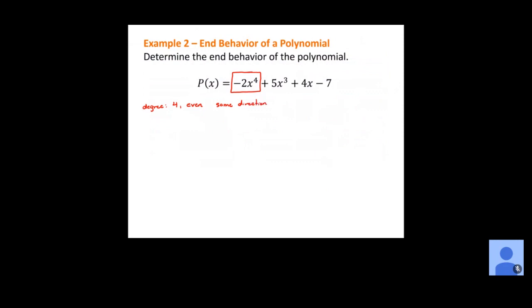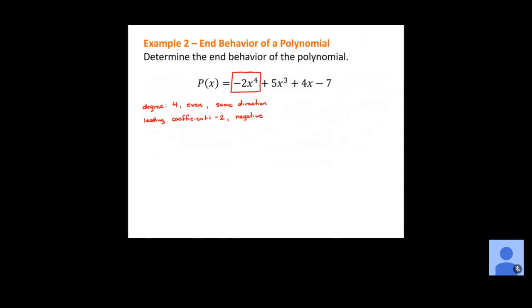The next thing I'm going to look at then is my leading coefficient. In this case, our leading coefficient is a -2. Now again, what I care about this time is whether that's a positive value or a negative value. Well, in this case, we have a negative leading coefficient.